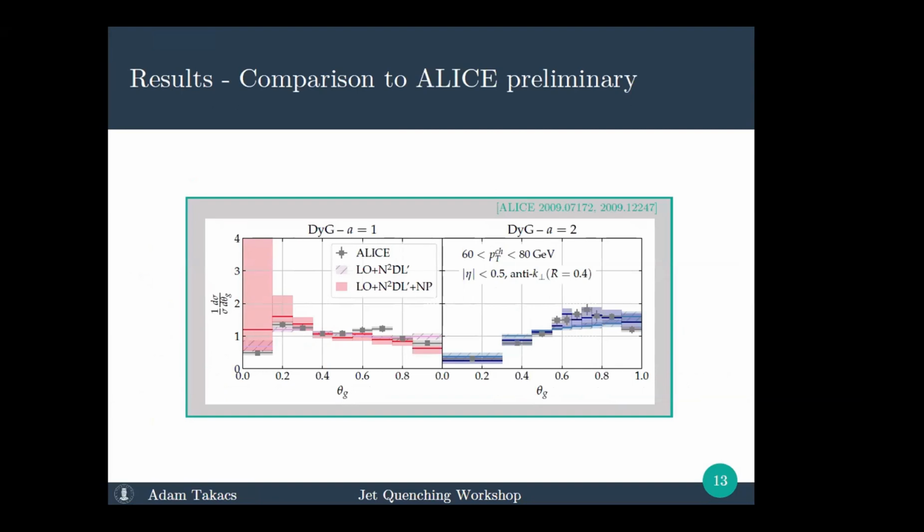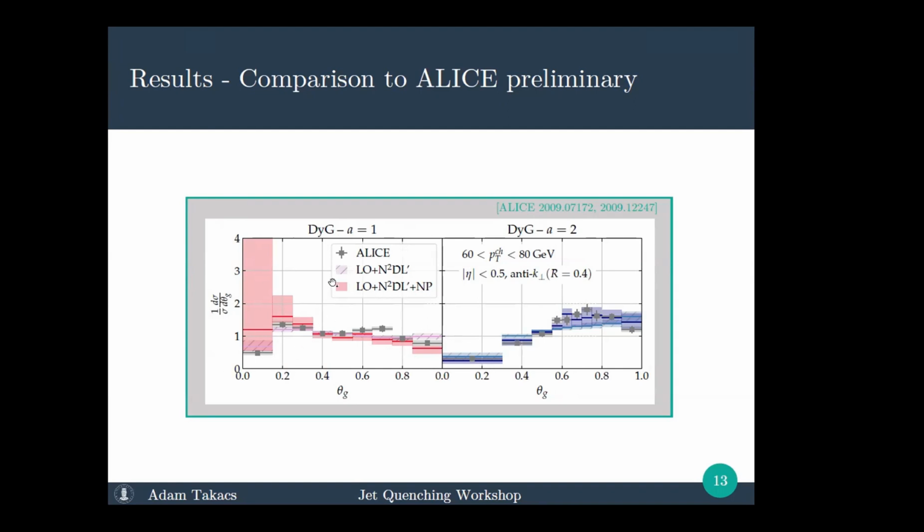So we did this calculation to compare to some ALICE data. We get a quite good agreement, but the ALICE data was taken at 70 GeV. This is pp, for different grooming parameters.